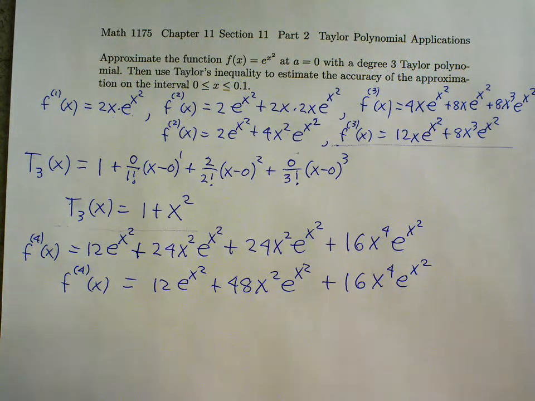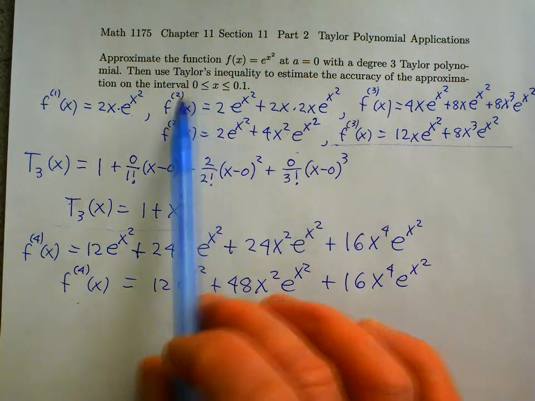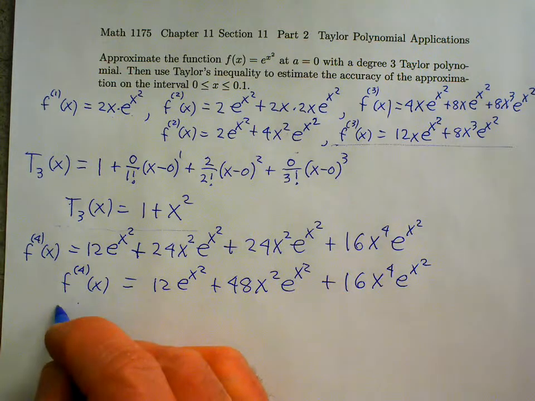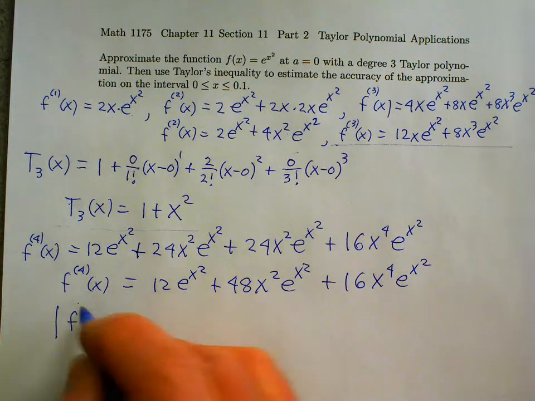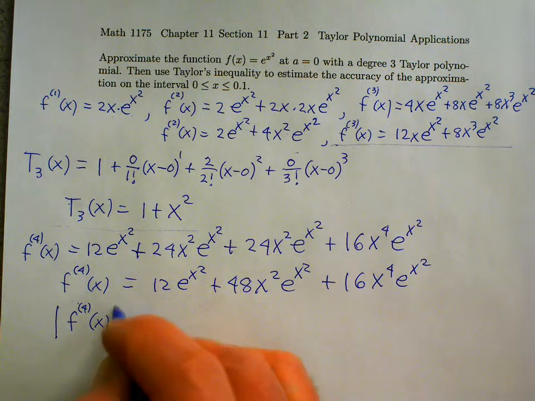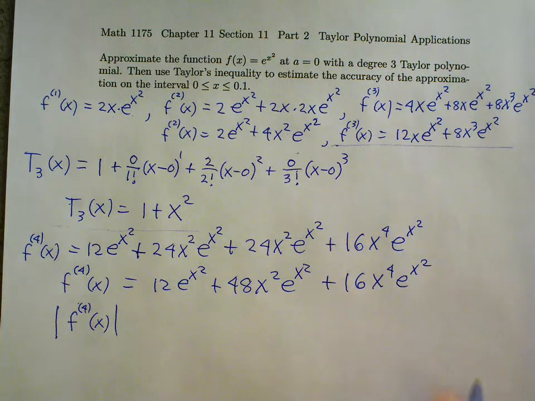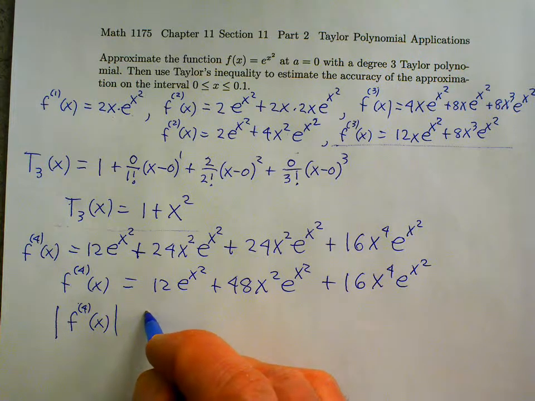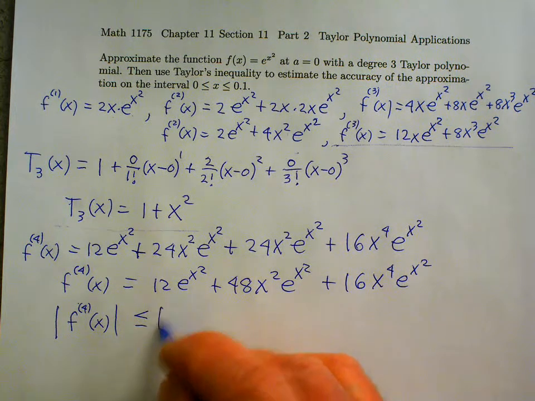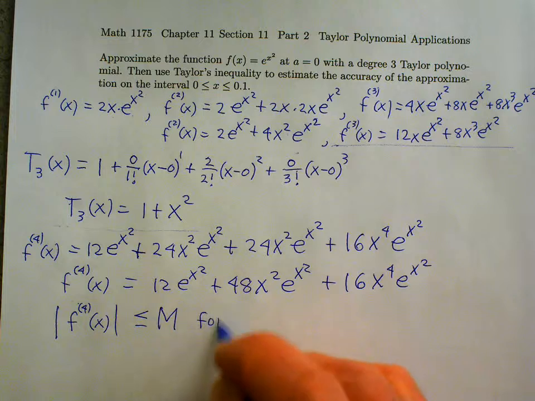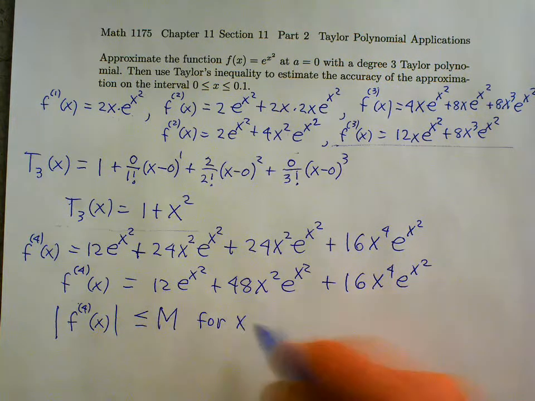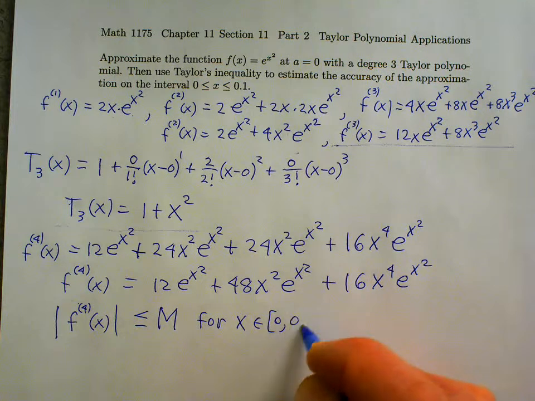And now we'll look for the largest possible value of the fourth derivative on the interval from 0 to 0.1. So in symbols, the absolute value of the fourth derivative is less than or equal to some number m for values of x in the interval from 0 to 0.1.